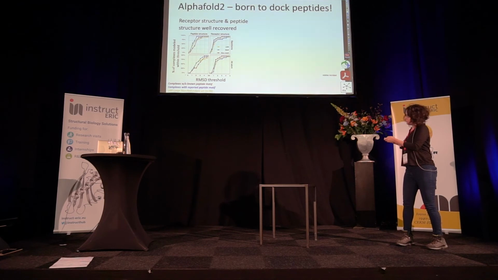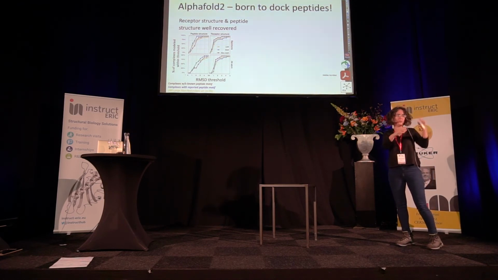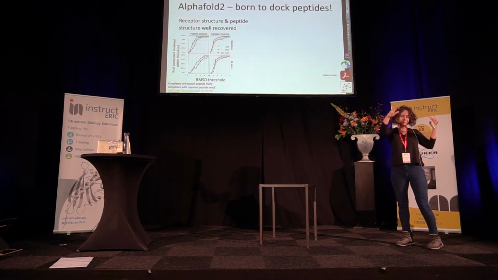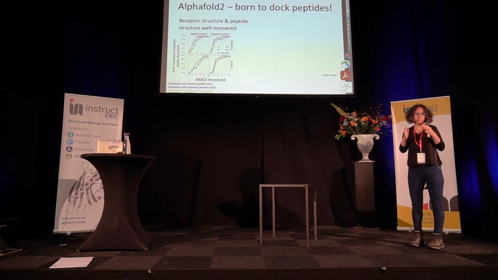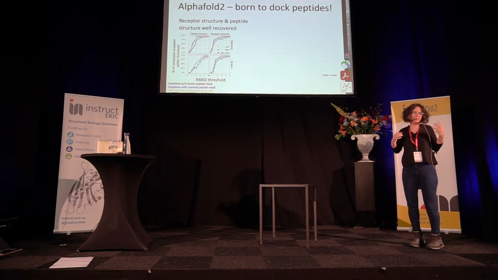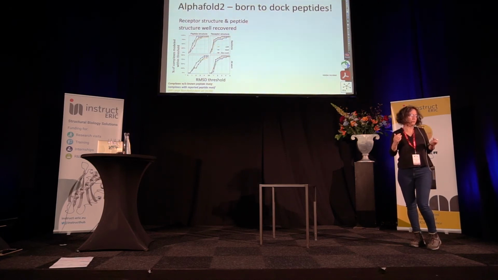What I'm showing here is how well AlphaFold predicts the structure of the receptor and the peptide separately. The take-home message is that in a large fraction of the cases, AlphaFold is able to identify the structure of the monomer and the structure of the peptide, which is maybe less surprising because monomers are what AlphaFold is trained on.